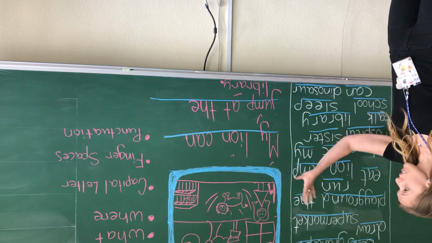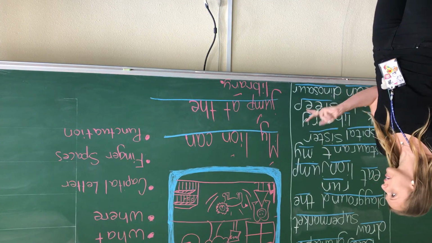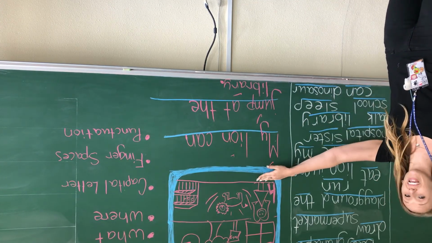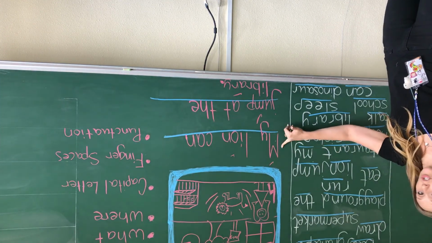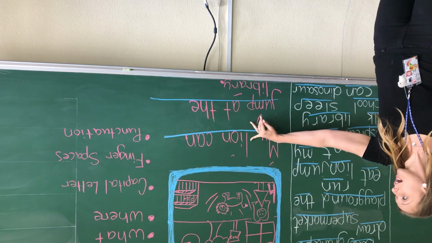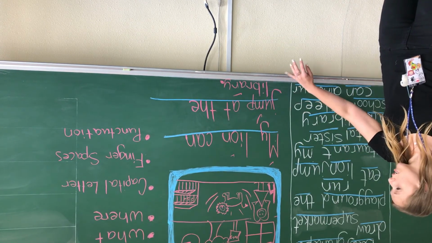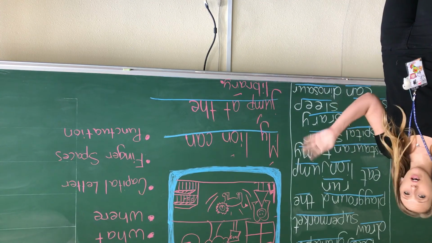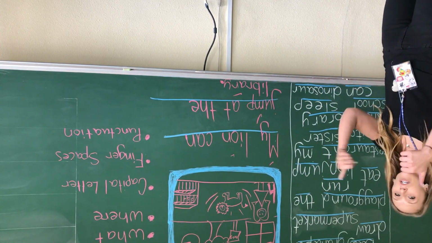So they have to do that two times, but we've been doing it so much that they can do it. The picture doesn't have to be super detailed. As long as I see the person who's drawing the picture, the lion or the who, and what the lion is supposed to be doing, and the library, as long as I see that in the picture, we're really happy. So you can do it.